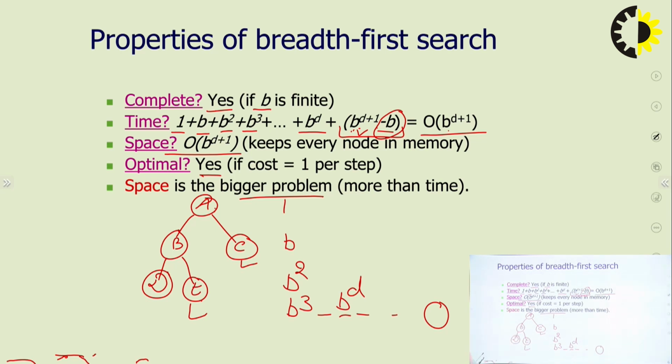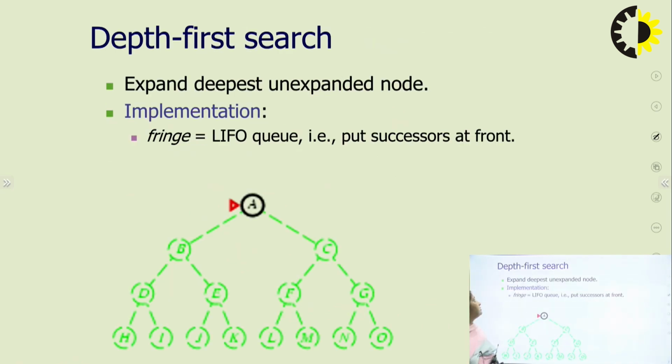Now, the second one is depth first search. In depth first search, again it's a blind search. We do not know where to go. So what we do is expand the deepest unexpanded node. Deepest means we'll try to go in depth as much as possible.